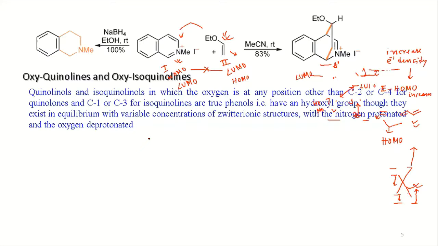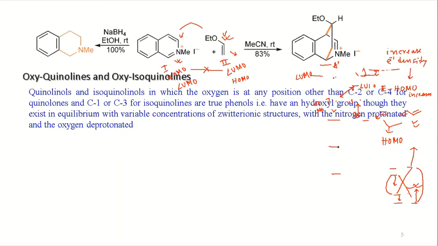That's why I told you, you will have the energy gap. That energy gap is more than the gap between HOMO and LUMO of the diene. So the diene will always have a HOMO-LUMO gap less than the dienophile. Understood?